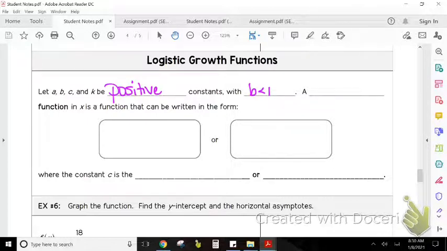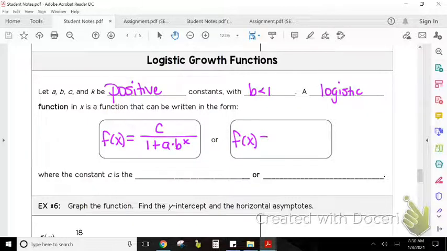A logistic function in x is a function that can be written in the form of either f of x equals c over 1 plus a times b to the x, or f of x equals c over 1 plus a times e to the negative kx.